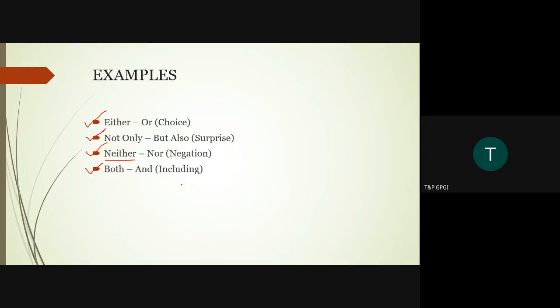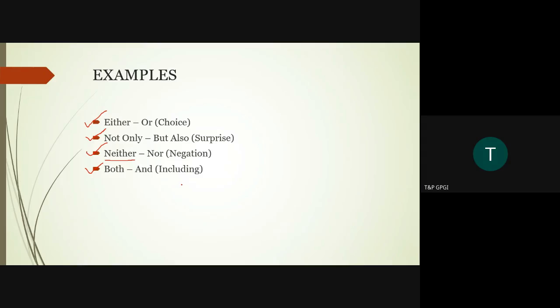I'll repeat, both my brother and my father love basketball. So we got both in the sentence and we got and in this sentence. We are including both in the sentence. Both and. So it is inclusive. Okay, I am saying there are two parts and the secondary part is included with the first part. So it's an inclusive thing, an including thing.